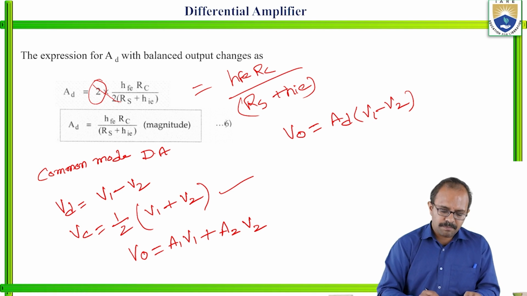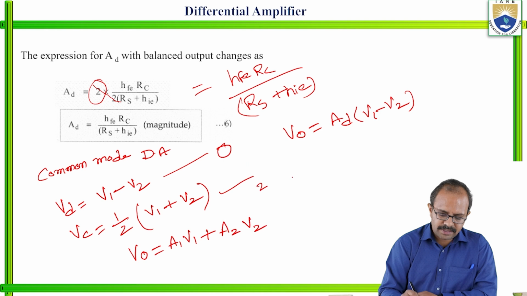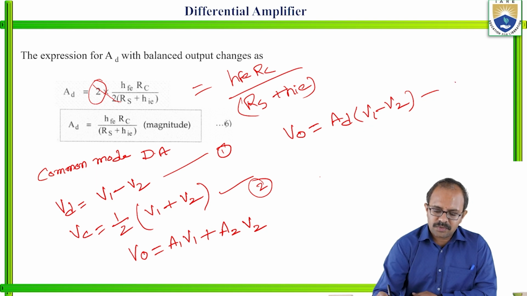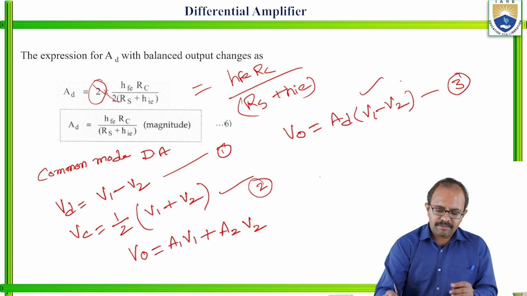If you consider these two expressions, let us say this one is equation number 1 and this one is equation number 2. By considering these two expressions, we can rearrange. Let us determine the values for V1 and V2.